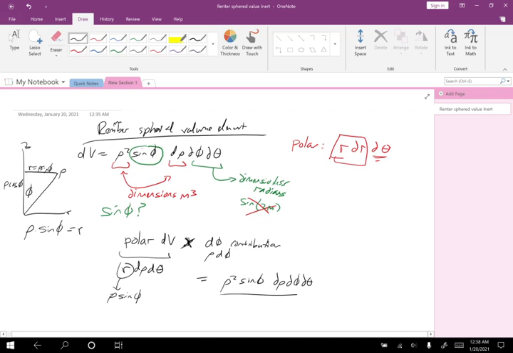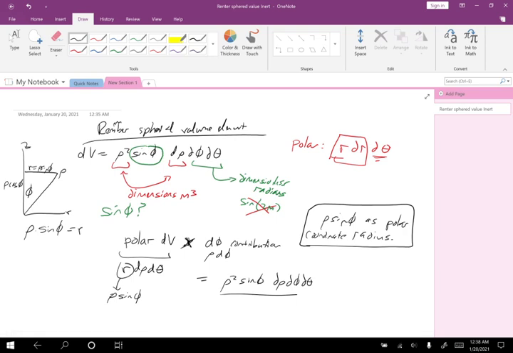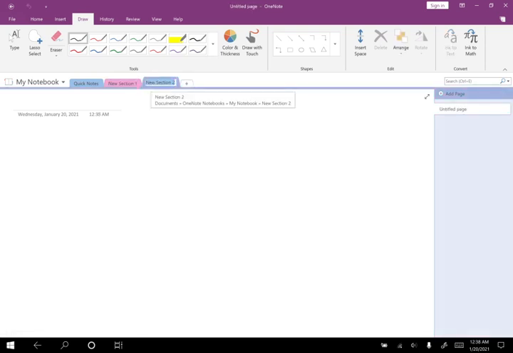So I would think of rho sine phi as the polar coordinate radius, and everything else as spherical corrections. Let me talk about where this comes from. I'm going to give just a heuristic derivation first.